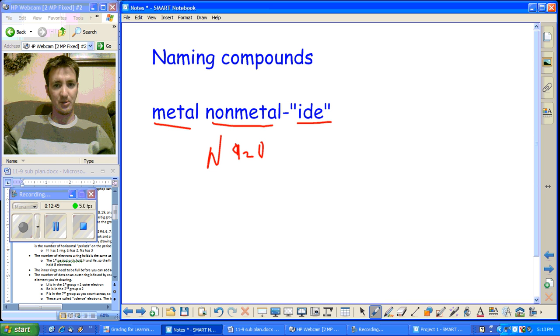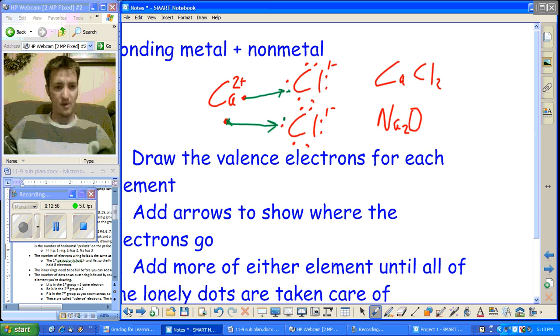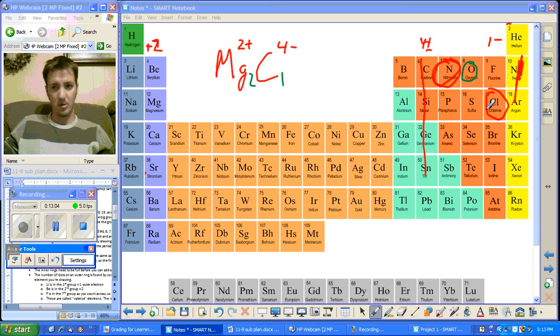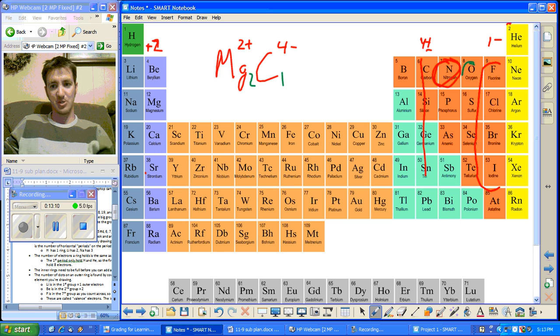So that would be sodium oxide. We had calcium and chlorine. So calcium and chlorine would be calcium chloride. Basically, this whole row, you change the N in it to a D.